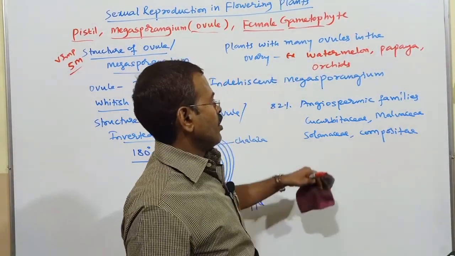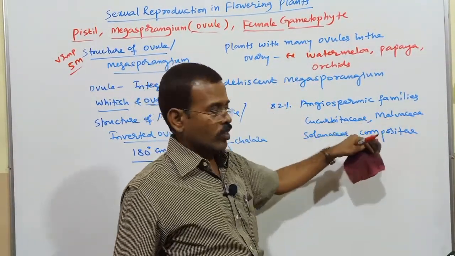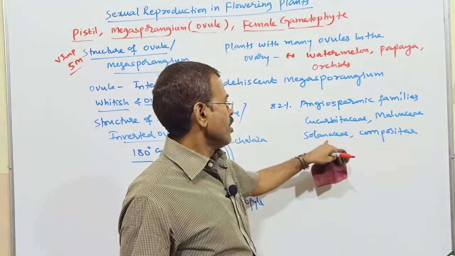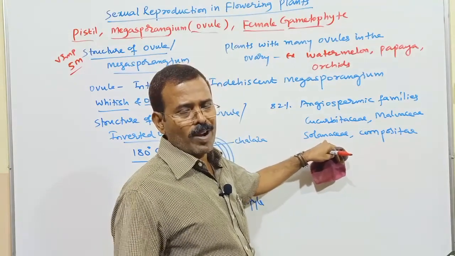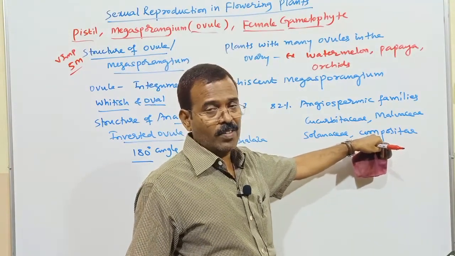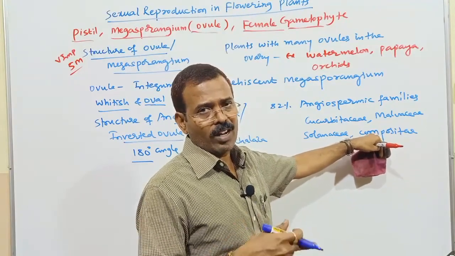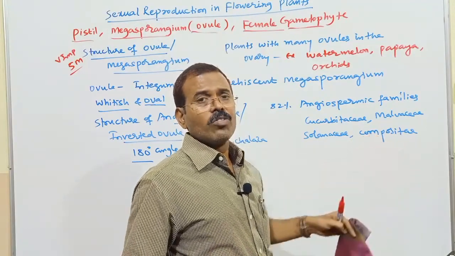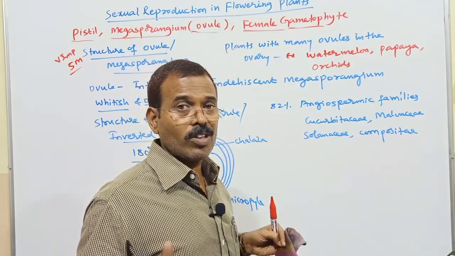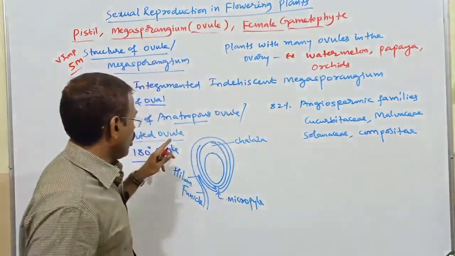These are some of the families: Cucurbitaceae, Malvaceae. Cucurbitaceae is the cucumber family, Malvaceae the hibiscus or cotton family. Then Solanaceae, the brinjal, tomato, chili family. Then Compositae or Asteraceae, the sunflower family, safflower family. So 82% of angiospermic family plants possess an ovule that is anatropous.